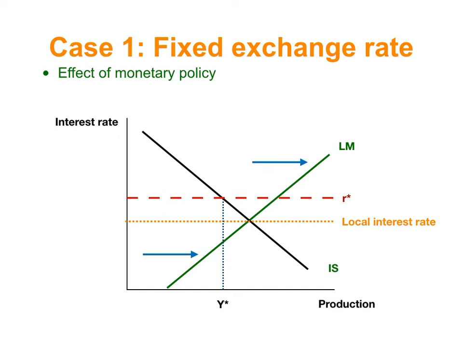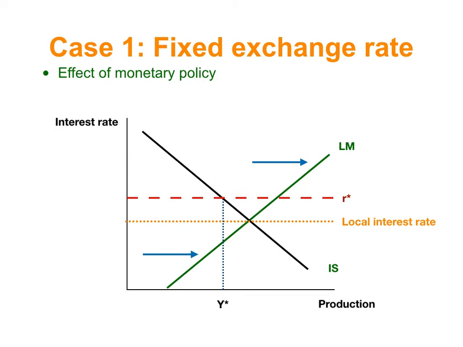If you are in this small and open economy, some investors might think that they would like to take their money abroad because they are going to get a higher investment return abroad. So they are going to take their local currency to the central bank and get dollars in exchange, giving this local currency to the central bank.